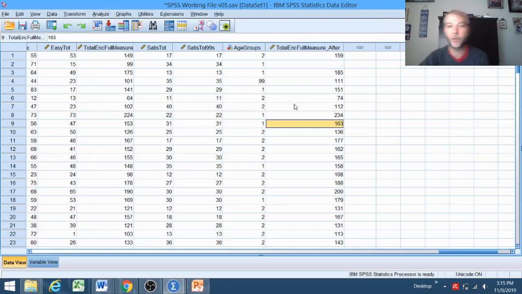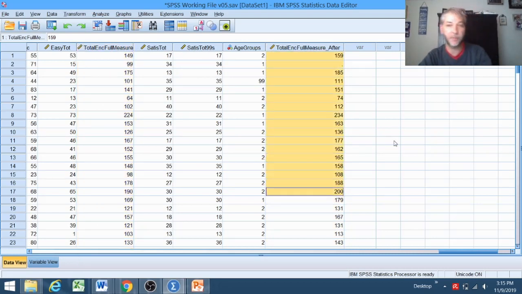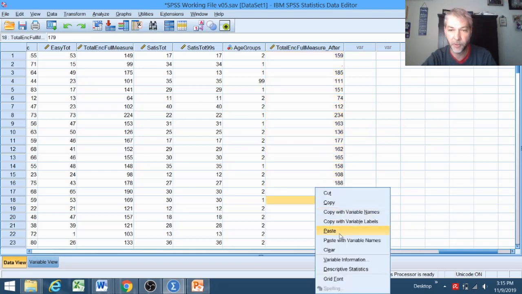So I think what I'm going to do is go ahead, and we cannot have all of these be exactly 10 greater than the before responses, or the before scores. So what I'm going to do is take this many, and I'm going to copy these. I'm going to do a Control-C here, and then I'm going to paste.